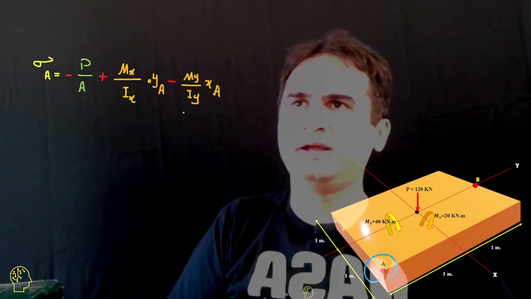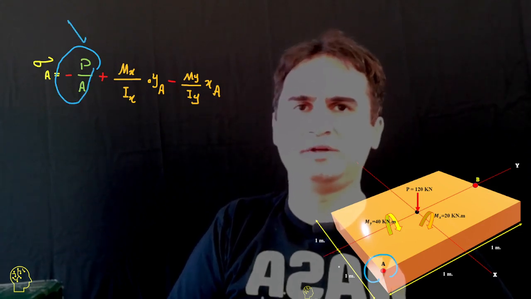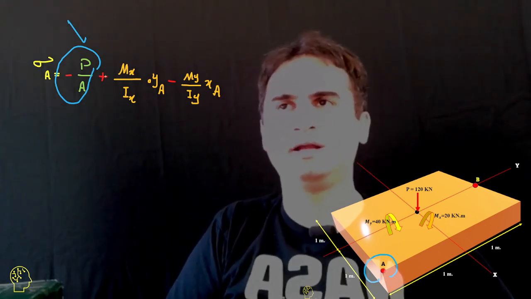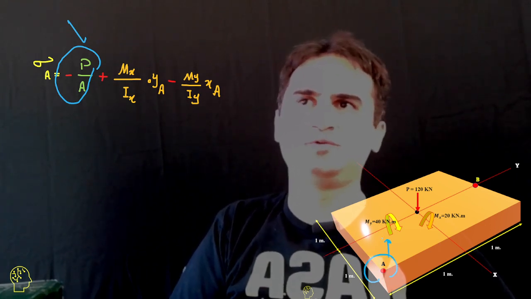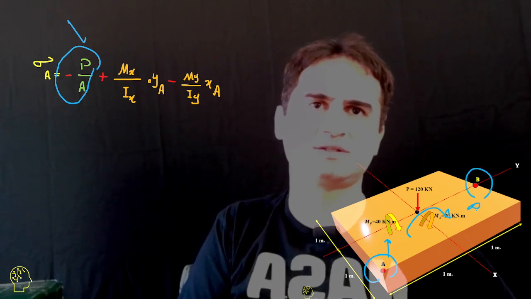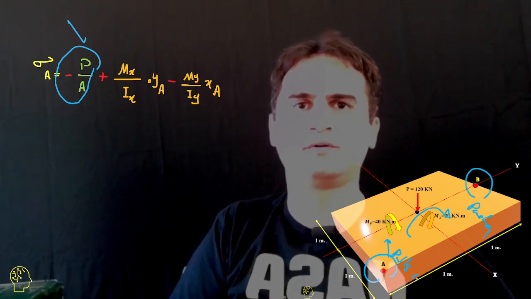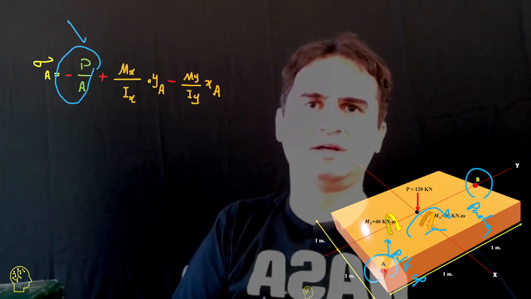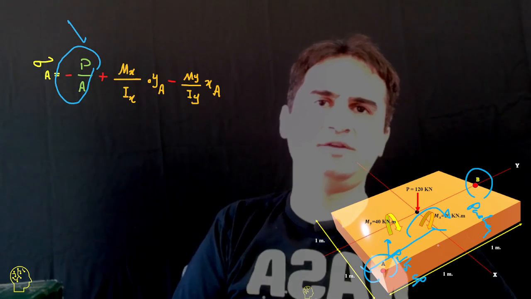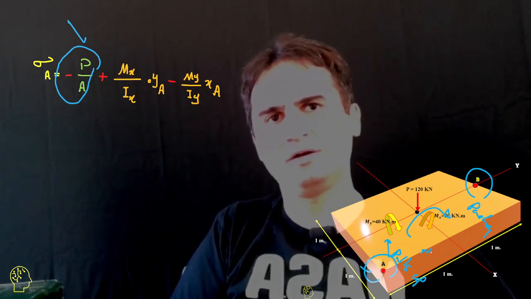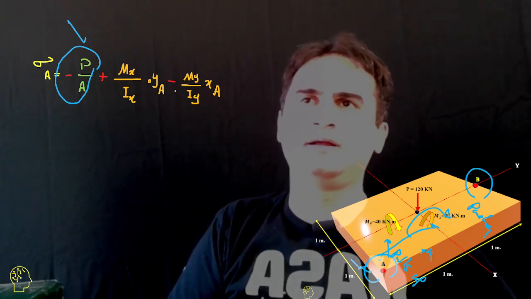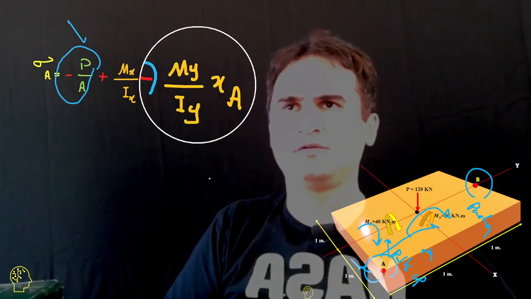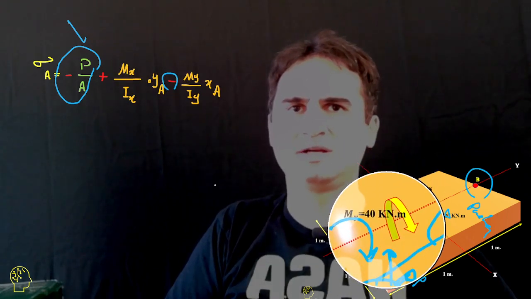For point A, the load, which is distributed all over below the foundation, gives a downward stress, and there is a positive pull up due to Mx, since the nature of Mx pushes point B and pulls up point A. That's Mx over Ix times yA, which is the distance in the negative y direction, and that's 1 meter. And there is a negative push due to My, which is My over Iy times xA, which is again the distance in the x direction.